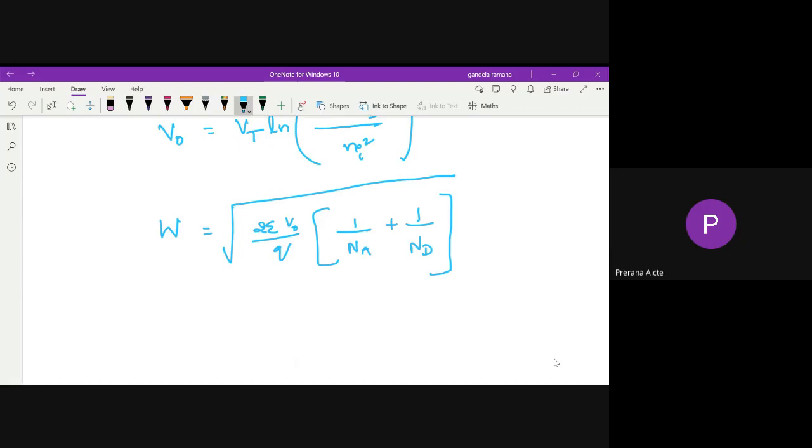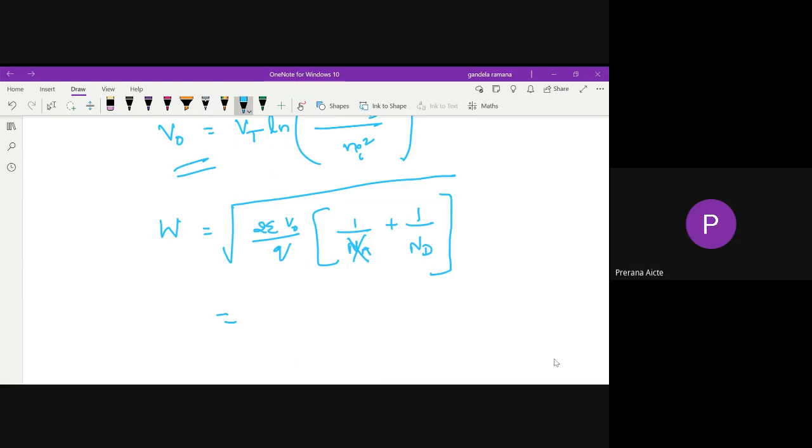So Na is much higher, so that's why you neglect that term. V naught you have to find out here. Substitute: epsilon is there, Q, 1 by Nd. So every value is there, 2 is constant, epsilon given, V naught calculated, and you have to find out the width. So do this problem.